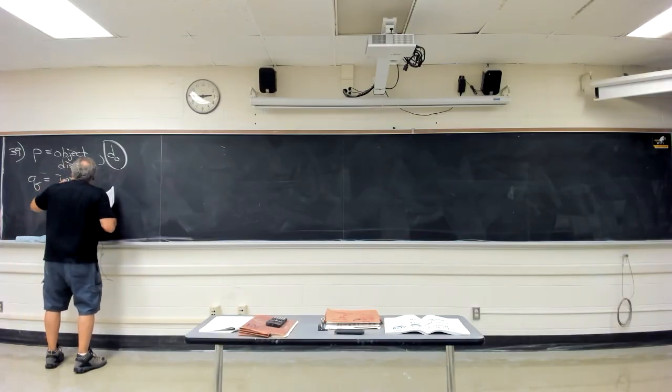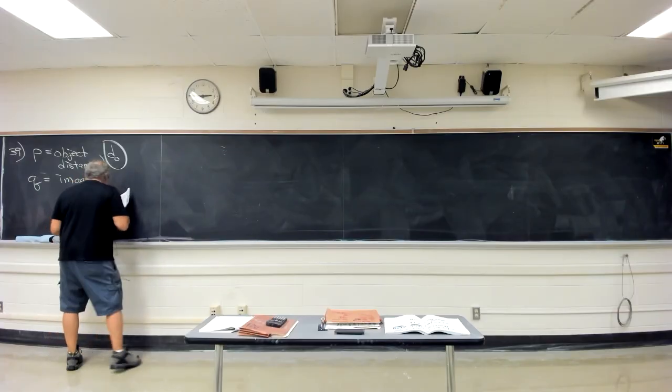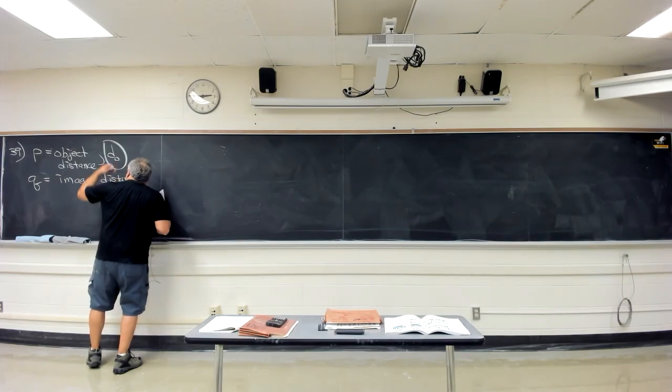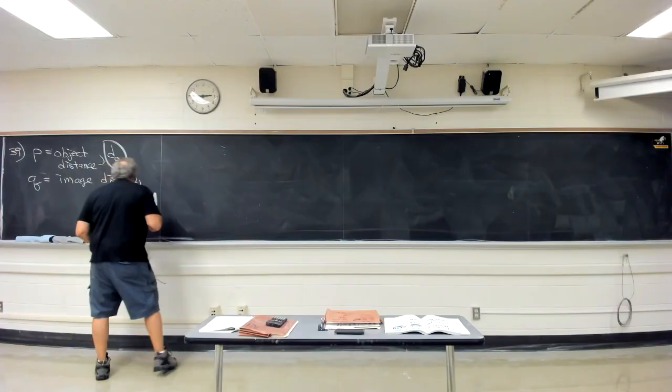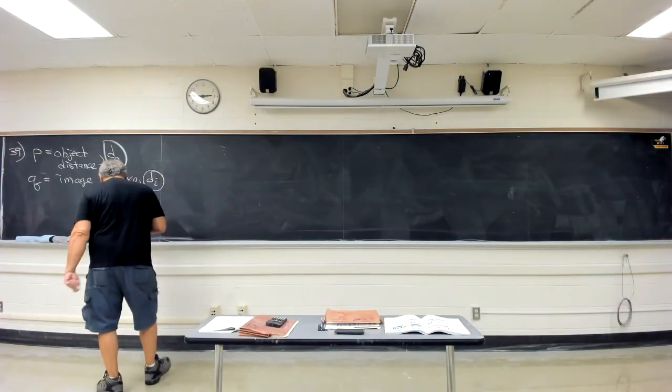I'm giving two sets of possible letter types to describe image and object distance, and there are other sets of letters that can be used too.